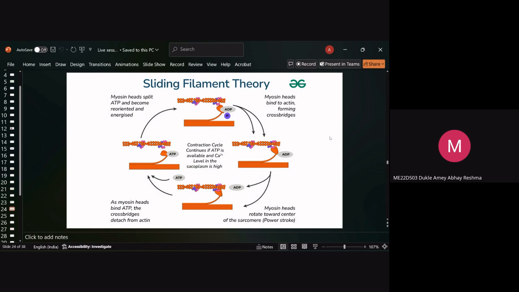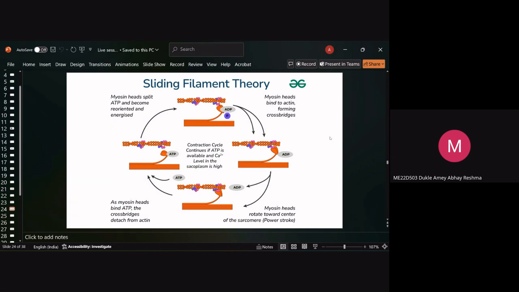Then it tries to go back to the previous form, so the cross bridge detaches from the actin, and that is how one movement happens. If there is a lot of ATP and a lot of calcium, this movement goes on happening until you reach the final destination. So that is how it works.